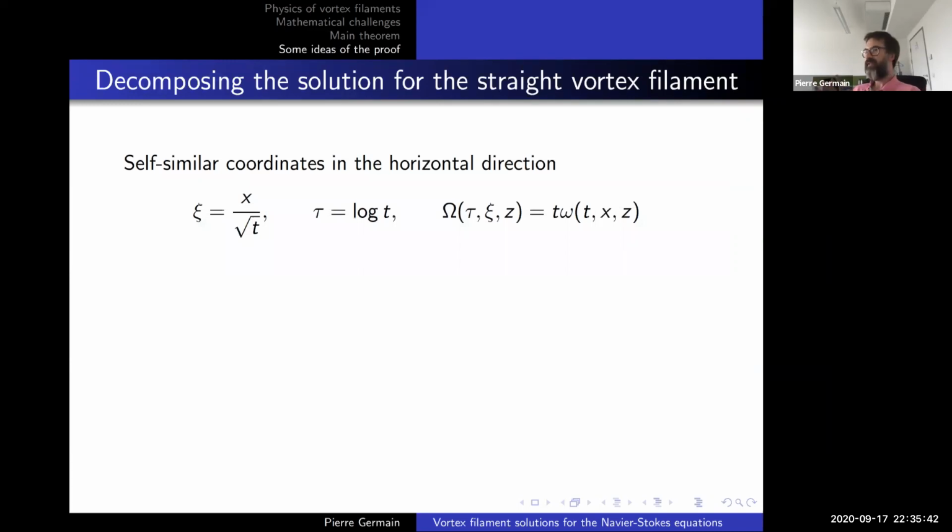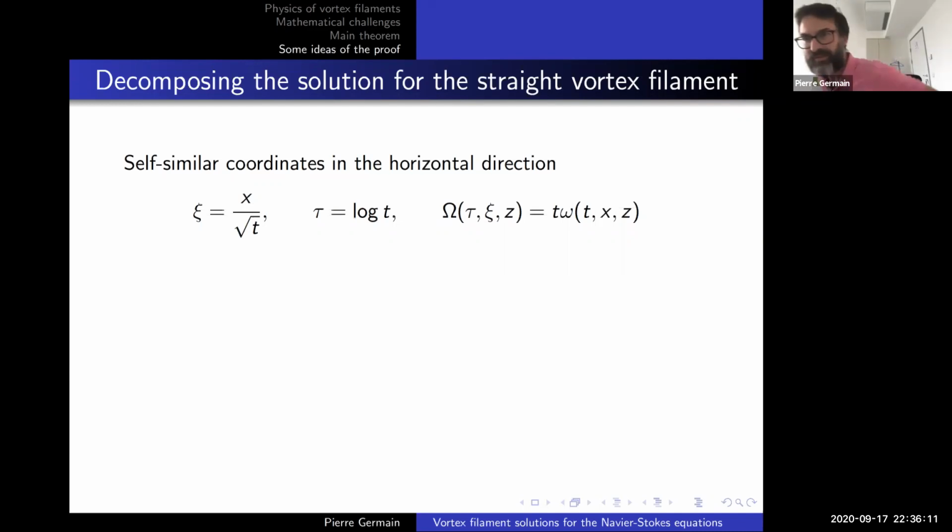Right. So there is this two-scale structure. Close to the filament, you expect to see the Lamb-Oseen, and away from the filament, you just have the sort of background, and both do not really interact except through the velocity, which is recovered through Biot-Savart's law.